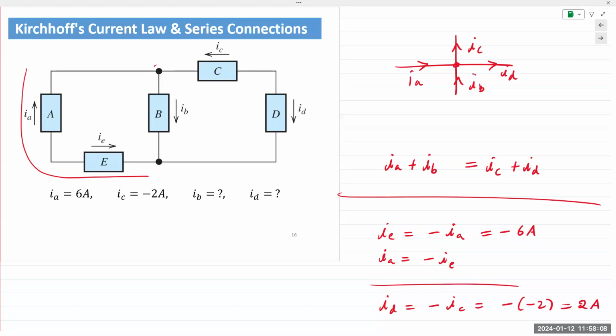The only thing that remains is applying KCL here above at 1 and at 2. If I apply KCL at 1, I see that there are 2 currents entering and 1 current leaving. So the 2 currents entering are IA and IC, which equals IB. IA is given as 6. IC is minus 2.